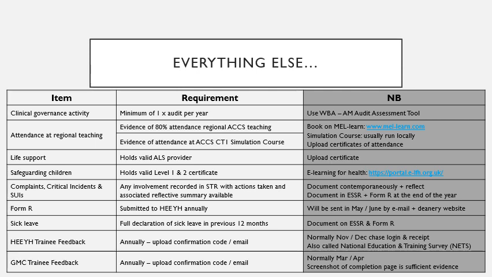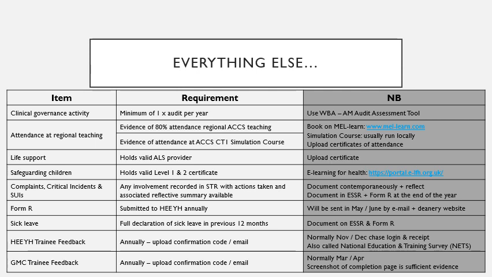If you've been involved in any complaints, critical incidents or serious untoward incidences, then there should be evidence in your portfolio already. It should be added at or near the time of the incident, including reflections and any actions that you've taken. But then these also need to be declared on your ESSR form and your Form R at the end of the year.